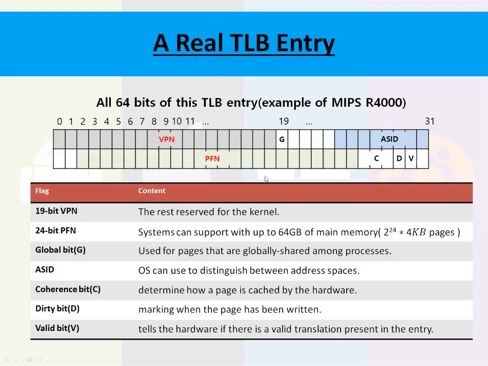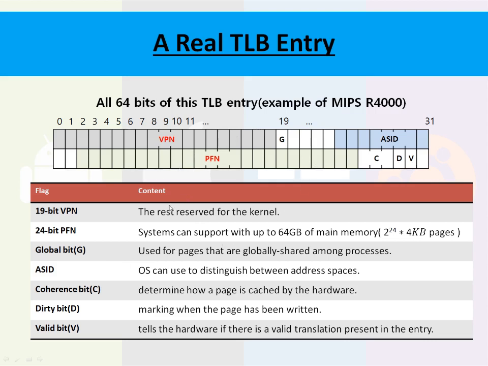So just a quick look for the final slide here at what a real TLB entry looks like. So it will have your VPN, your page frame number, as well as additional components like the dirty bit, the valid bit, and your ASID. So this is just an example.